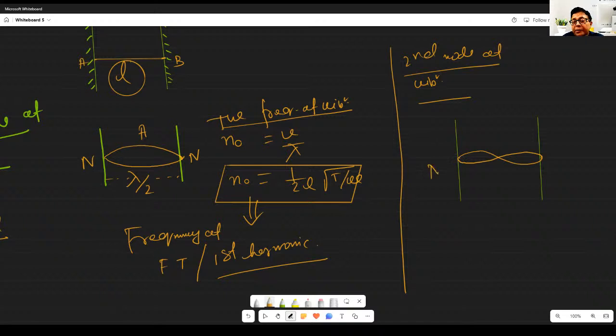You'll observe this kind of vibration. It will vibrate in two loops. Frequency will be more or less? Can you answer? More loops, more frequency. That we are going to prove. Here frequency is this, so it will be double of that.